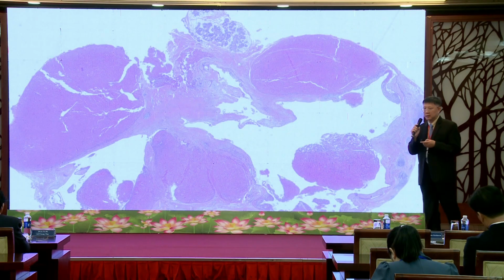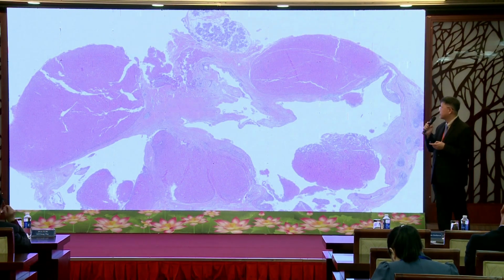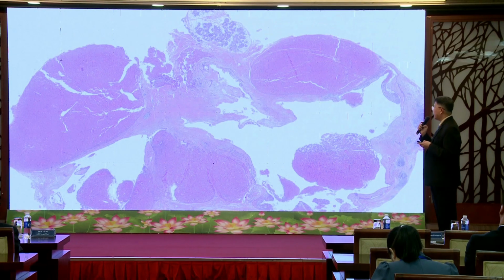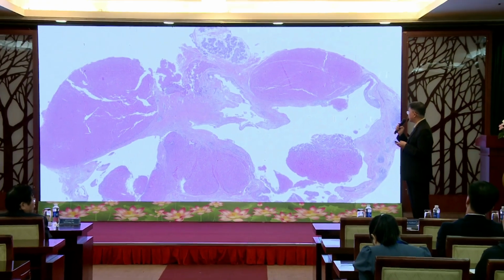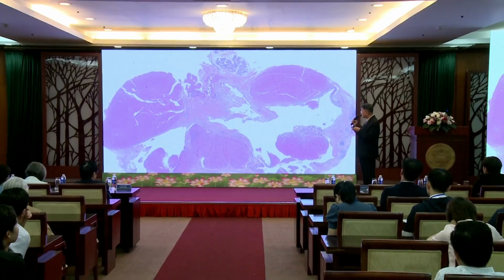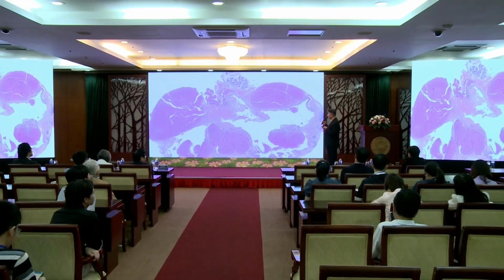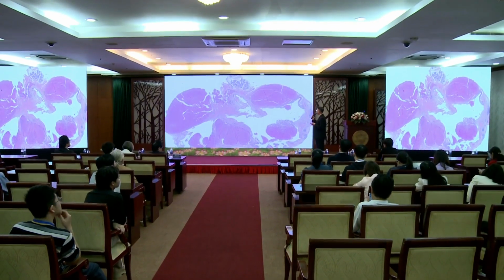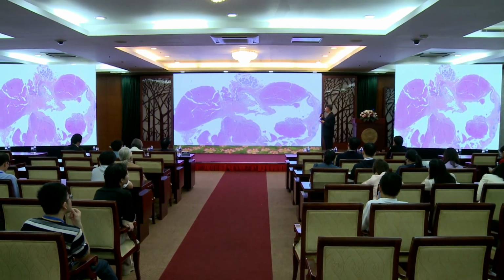So this is the morphology of this case. This is from the parotid gland, and you can see the tumor has quite well-defined nodules, multiple nodules, and from the low magnification you can tell that this is an oncocytic tumor.